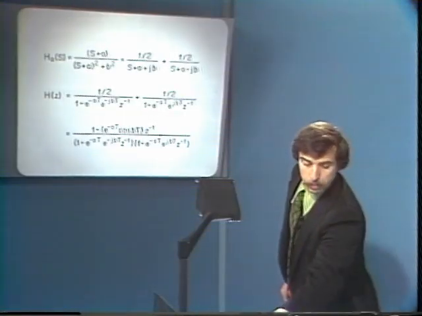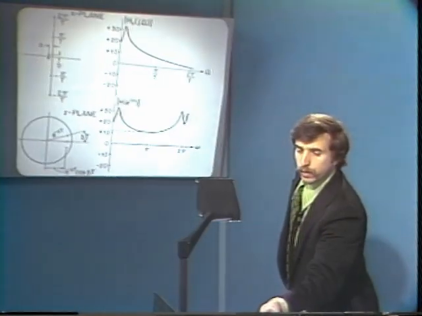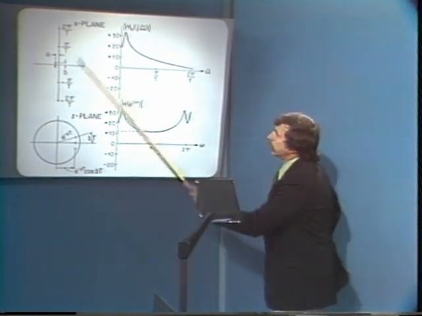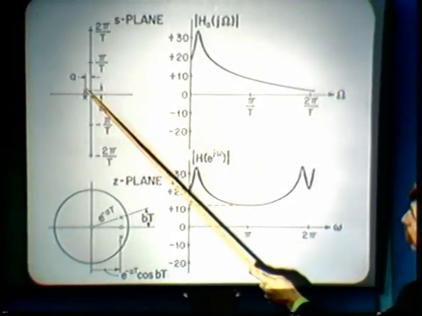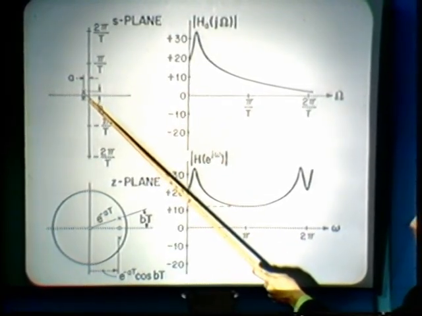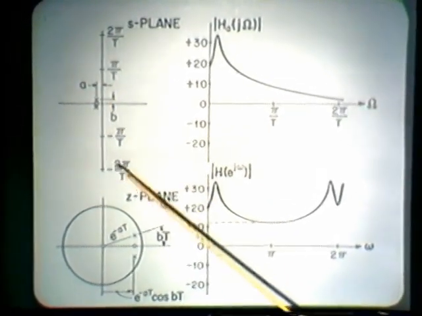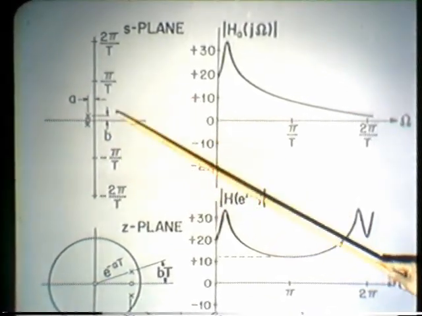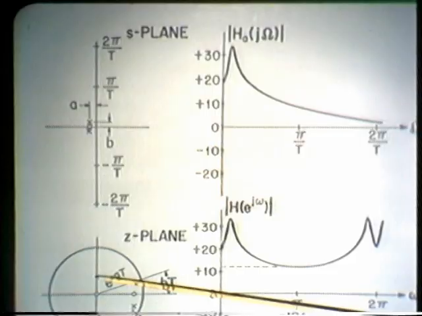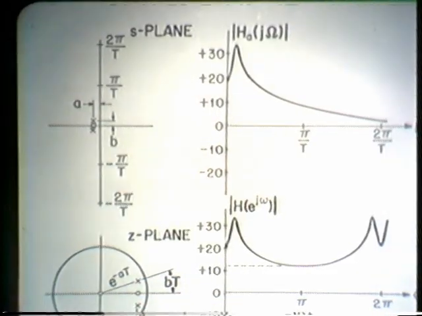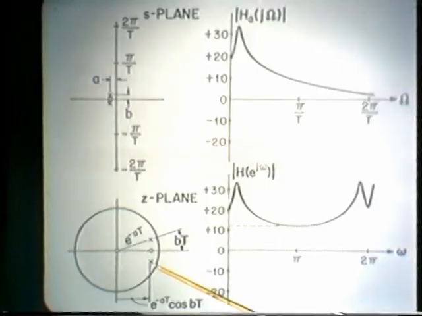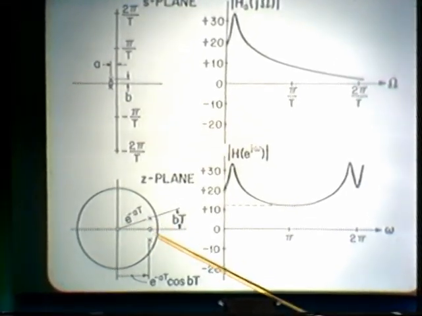Well, what this example looks like in the frequency domain, I've indicated here. Here is the S-plane plot of the two poles and the zero for the analog system function. And the result of the mapping, or the result of applying the impulse invariant procedure, are the poles and zeros which are indicated here in the Z-plane.